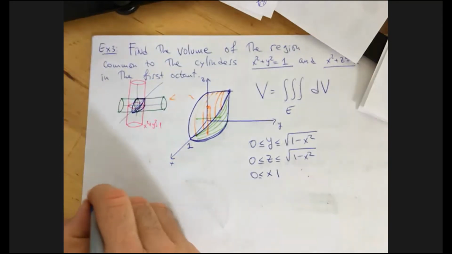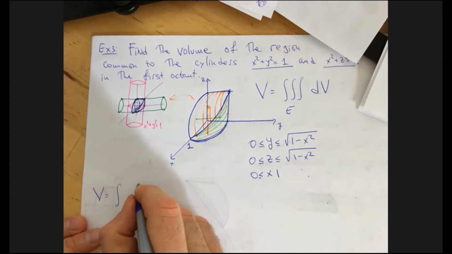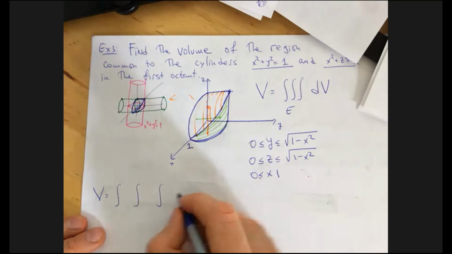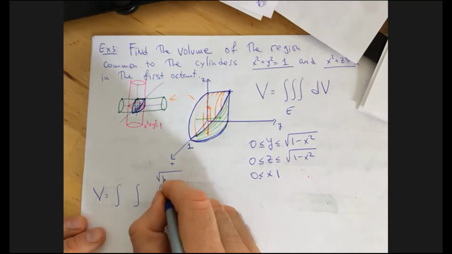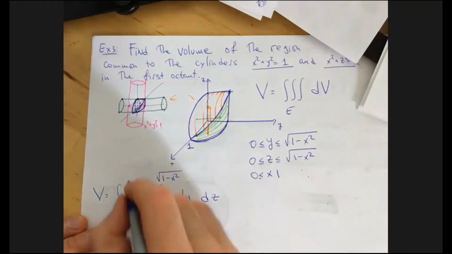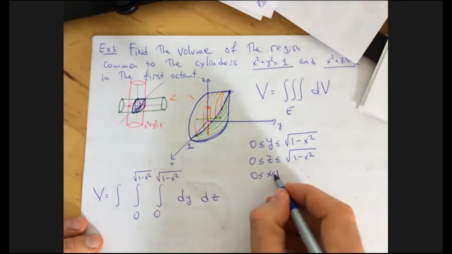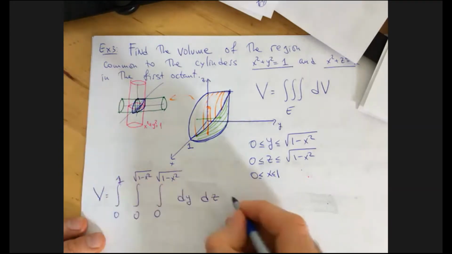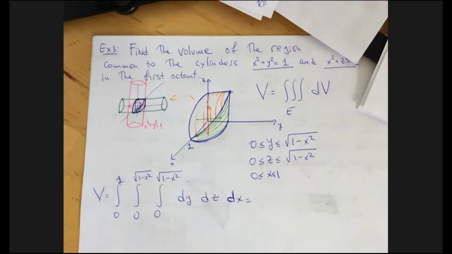So the volume is equal to the triple integral of 1. First I evaluate with respect to y, so y goes from 0 to square root of 1 minus x squared. Then with respect to z, from 0 to square root of 1 minus x squared. And finally, x goes from 0 to 1, in the dx.